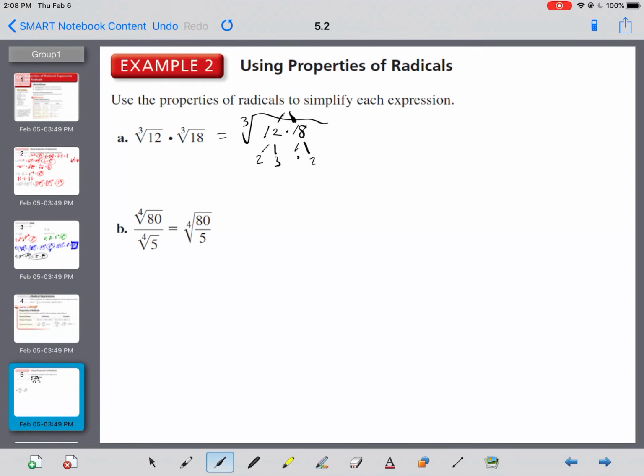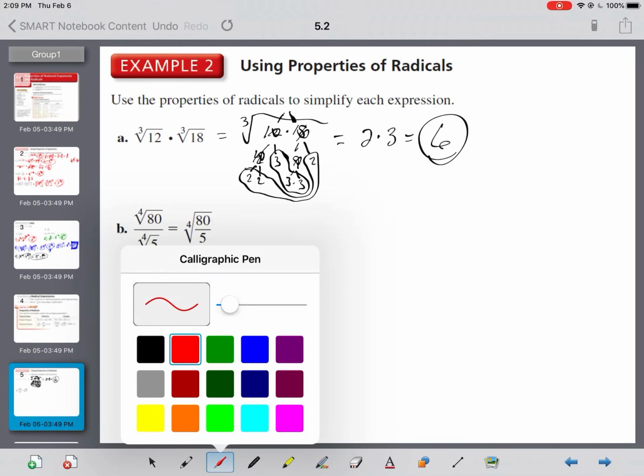This is going to go into 2 and 9. This is going to go to 3 and 3. Actually, that's going to be 4 and 3, and 4 is going to be 2 and 2. So we broke all of those. We have 1, 2, 3 3s, and 1, 2, 3 2s. So a 2 comes out, and a 3 comes out, which makes it 6. And it was an odd root, so it's just plus. We don't have to worry about plus and minus.